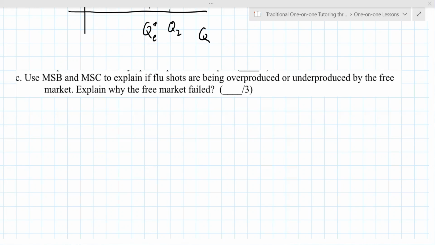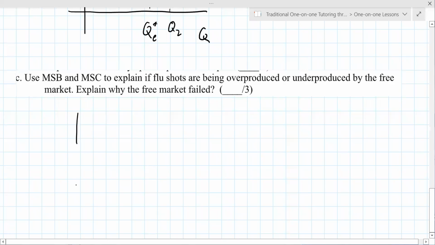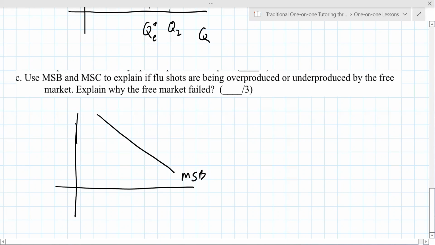So the idea is that there is a place where the curves intersect. There's the marginal social benefit, marginal social cost, and then there's this marginal private cost. Maybe I haven't talked about that.